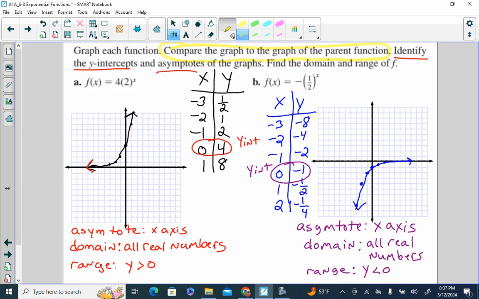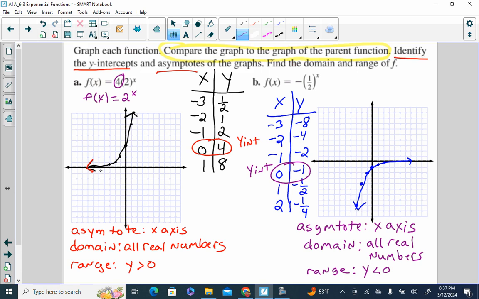Well, when I compare to the parent function, f of x is equal to 2 to the x. But this 4 causes a vertical stretch.